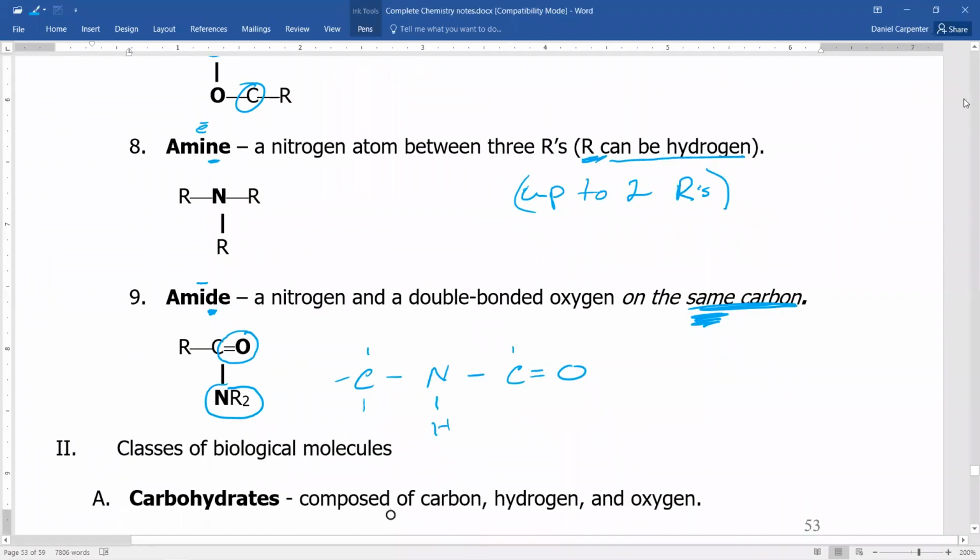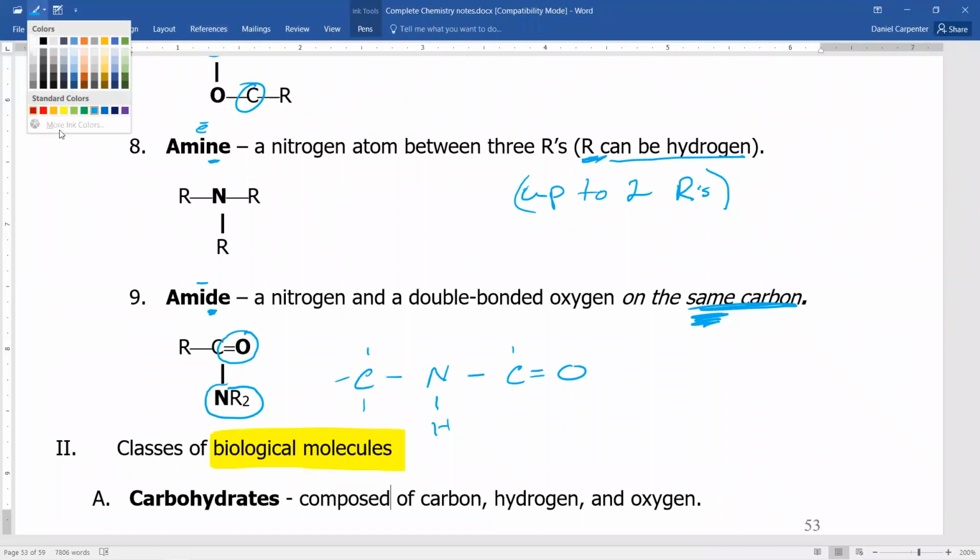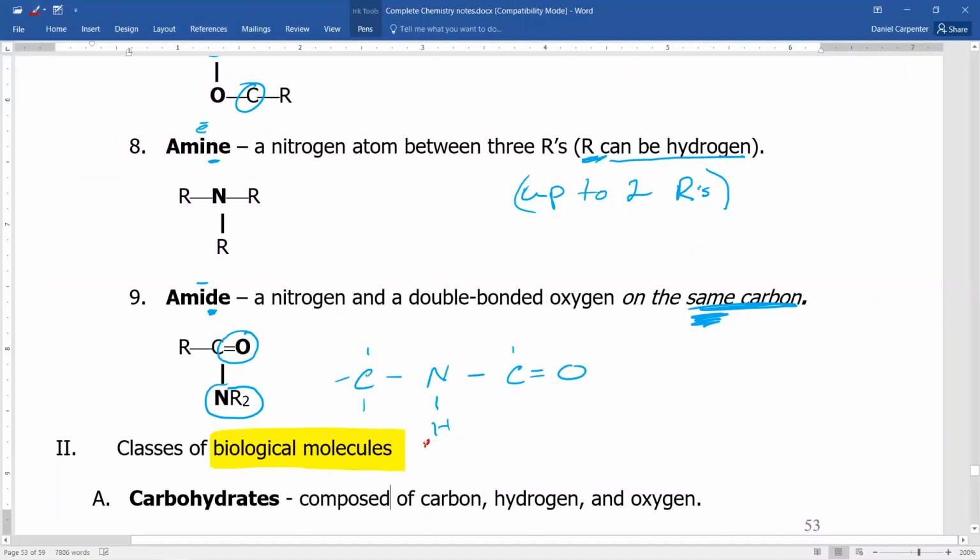All right, now we're to the next section, which is biological molecules. This is the section of what we would refer to as biochem. And biochem is a very important area.